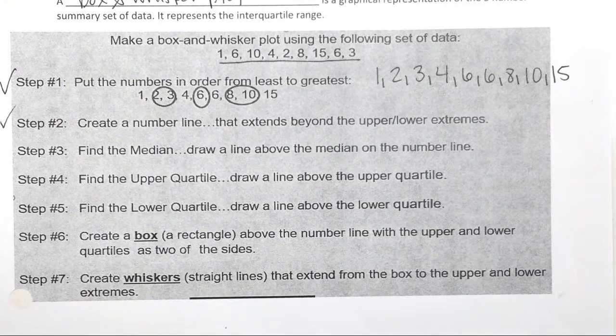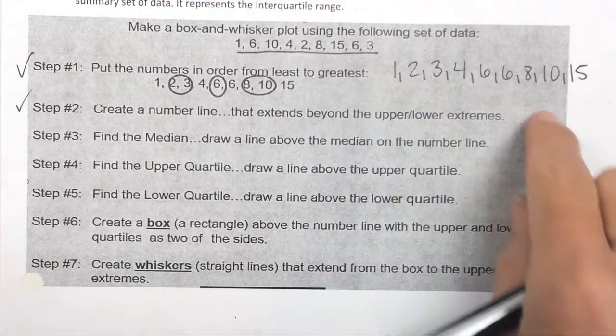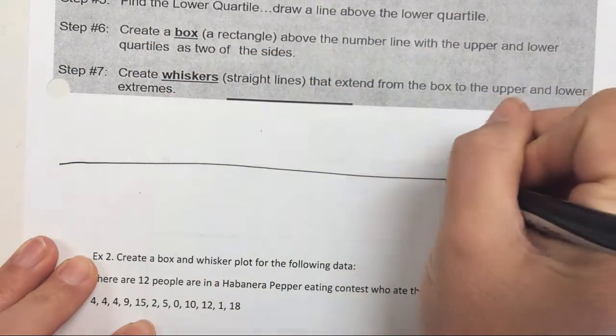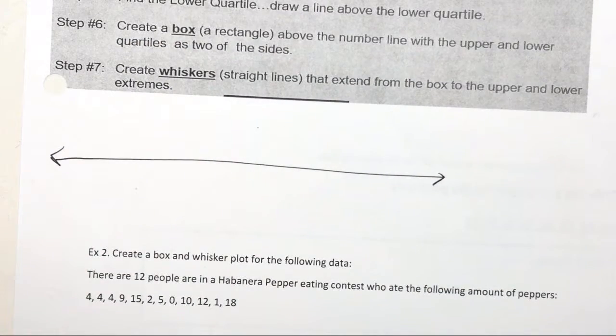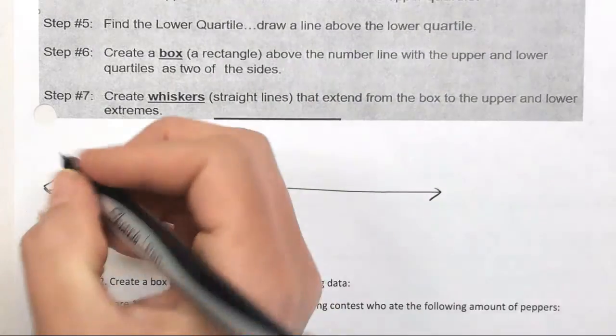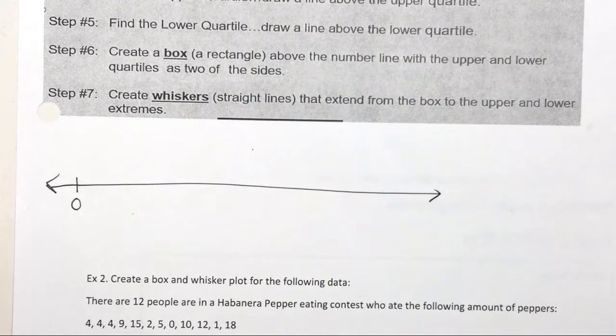Okay. So creating a number line, again, it has to be lower than 1 and greater than 15. So we can go ahead and draw that right here. So here's our number line. Let's start with 0, and we have to go all the way to 16.